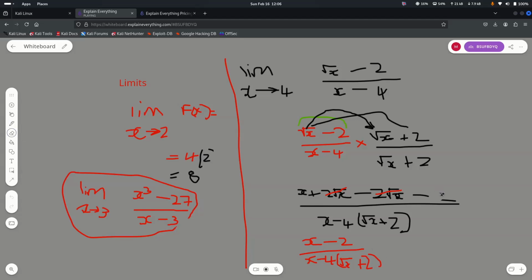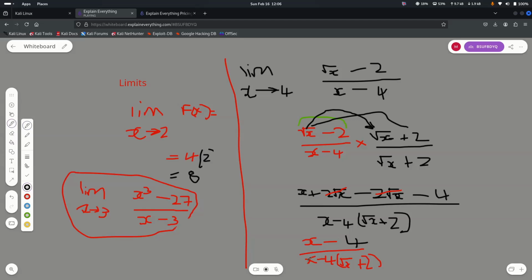We have a wrong answer here. It is not 2 but it is 4. Sorry for that. We are having minus 4 here, and also here we should have minus 4, right?